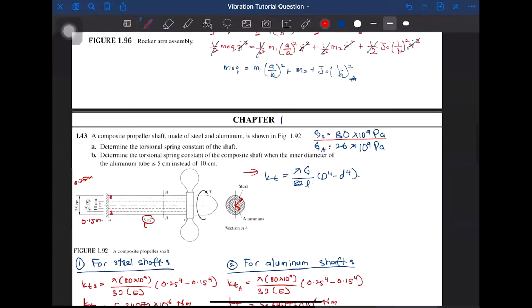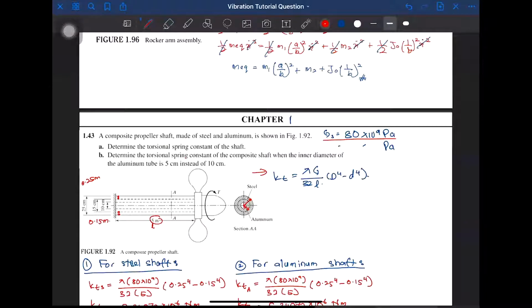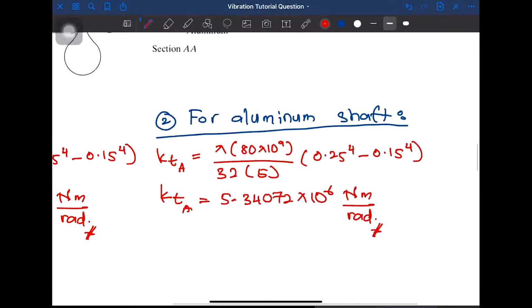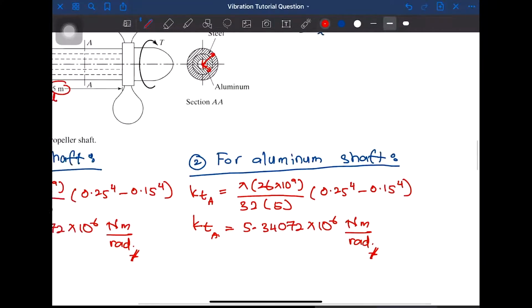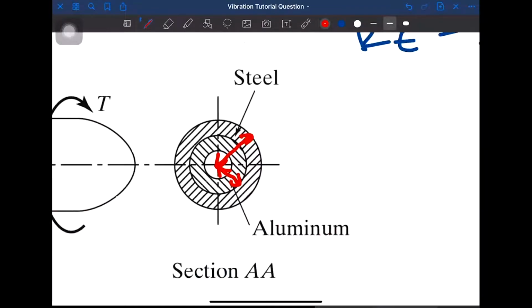The G for aluminium is 26 GPa, so substitute 26 over here. And then for the diameters, aluminium is on the inside. Steel is at the outermost layer, and aluminium is underneath the steel. So the big diameter for aluminium is this one here, and the small diameter for aluminium is the hollow part here.